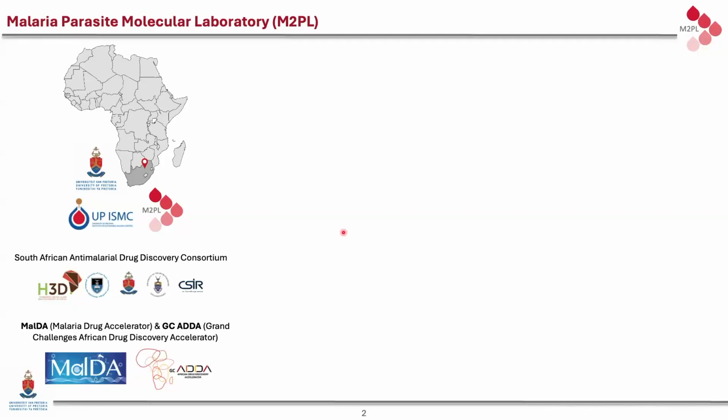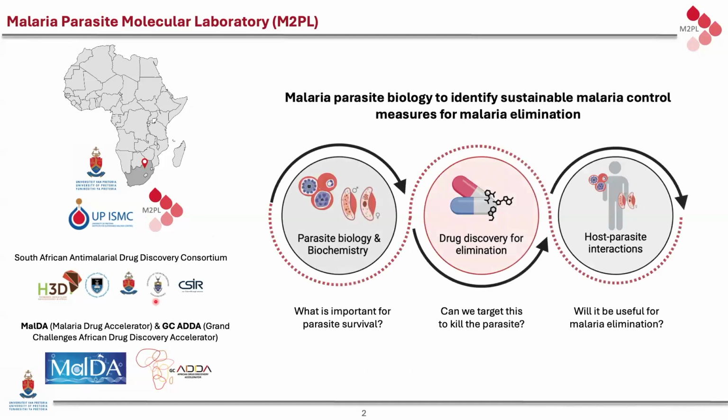So I'm located at the University of Pretoria, and I'm part of the Malaria Parasite Molecular Laboratory, also known as M2PL. We form part of an extensive national and international collaborative network with a main goal of eliminating malaria. But M2PL has three main research areas or main questions.